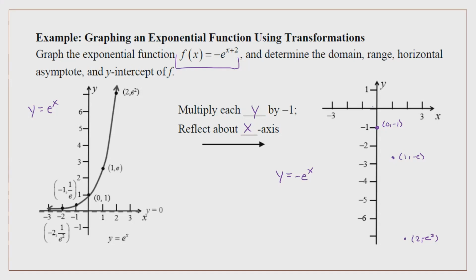And then we had (-1, 1 over e), which is 0.37. So we'll have (-1, -0.37). And then we had -2, which was 0.14. So we'll have (-2, -0.14). And then we can connect our dots.